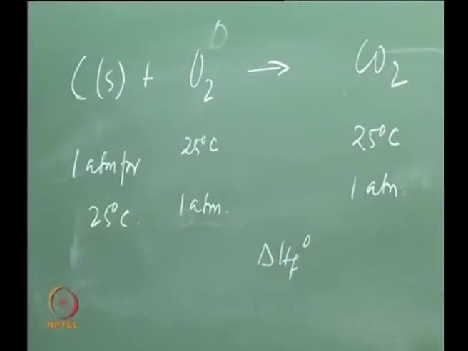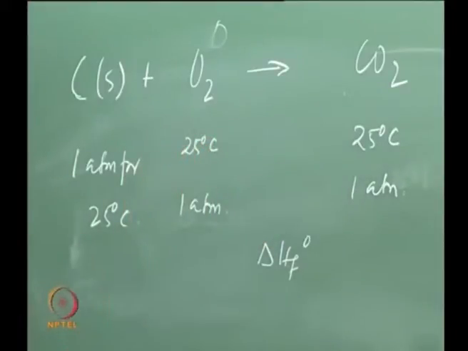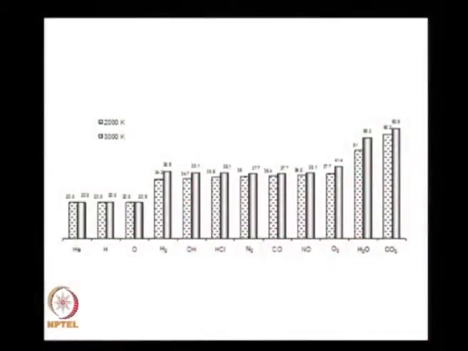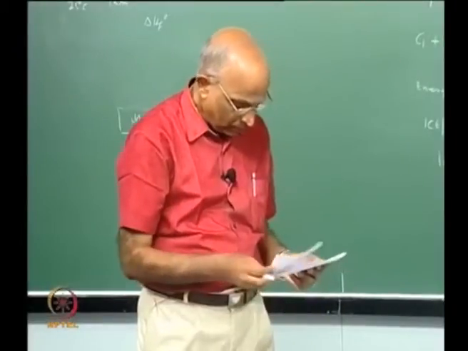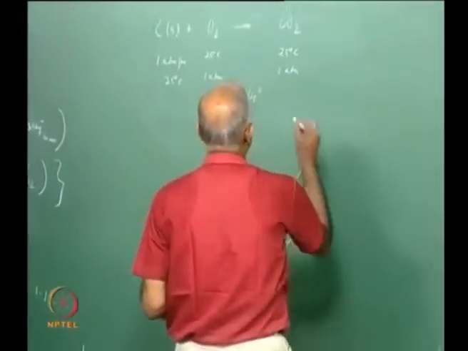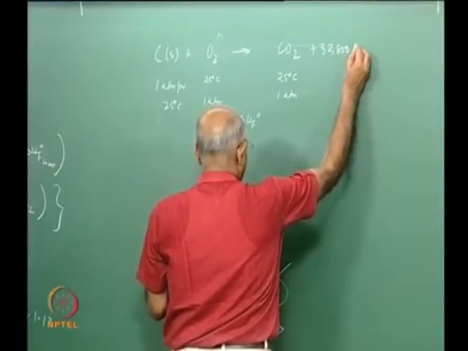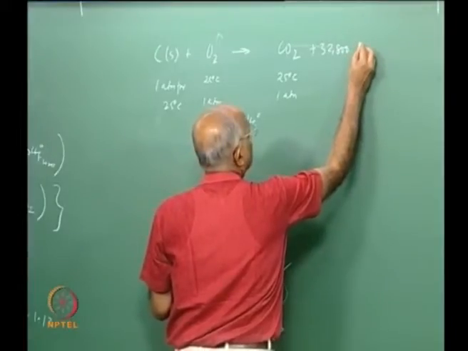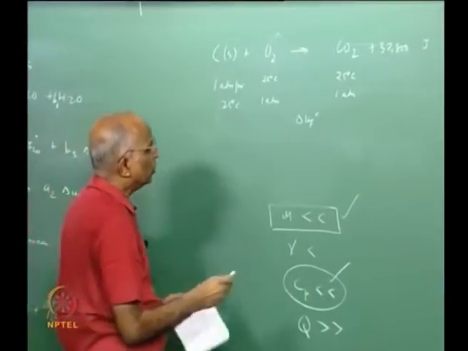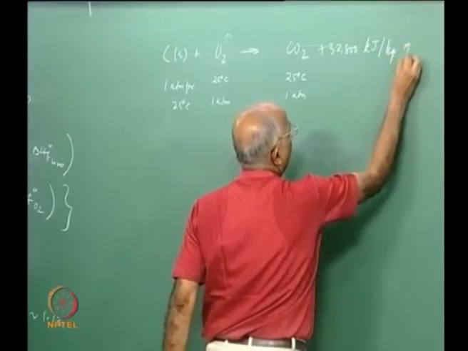But all of you know, if I take carbon and burn, it gives out a large amount of energy, and the energy which I get from burning 1 kilogram of carbon is something like, let us see, 32,800, I think should be joules, no, kilojoules per kilogram of carbon burnt.